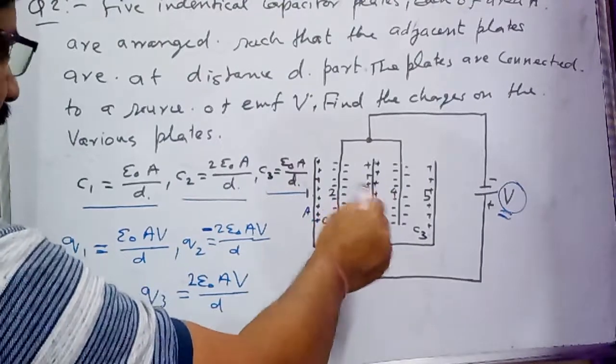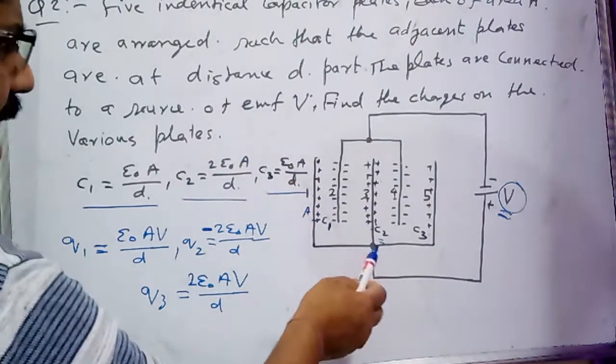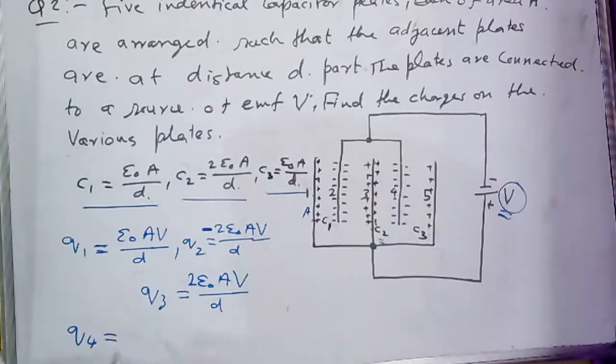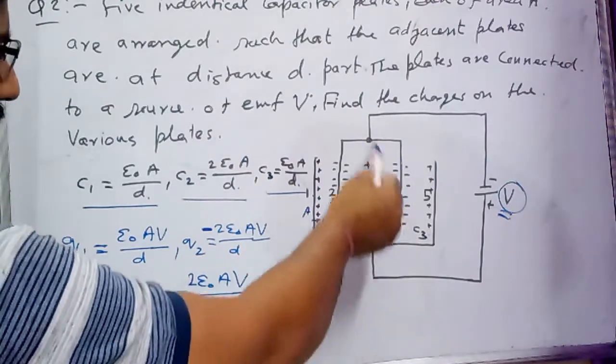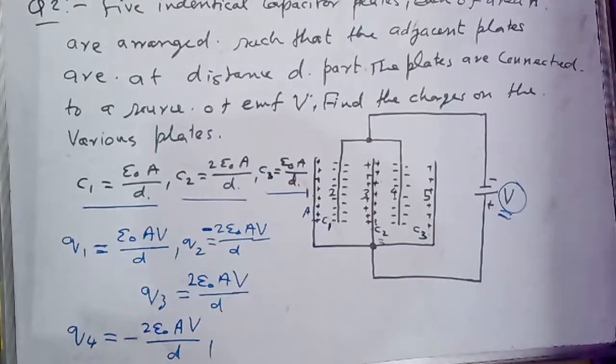As two surfaces are acquiring charge, that is why this charge is going to be positive 2 epsilon naught AV divided by D. What about Q4? Q4 is the charge on the fourth plate, again negative of 2 epsilon naught A into V divided by D, as this plate is connected to the negative terminal and two surfaces are acquiring negative charge.